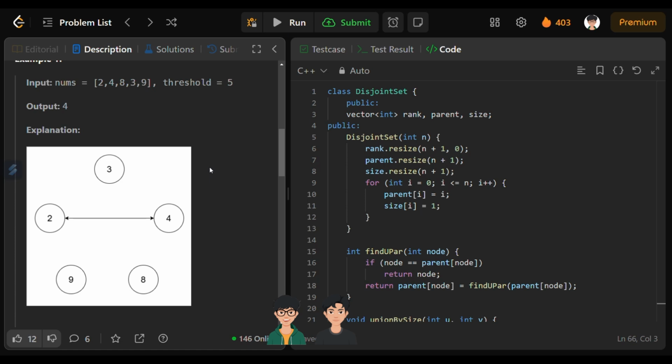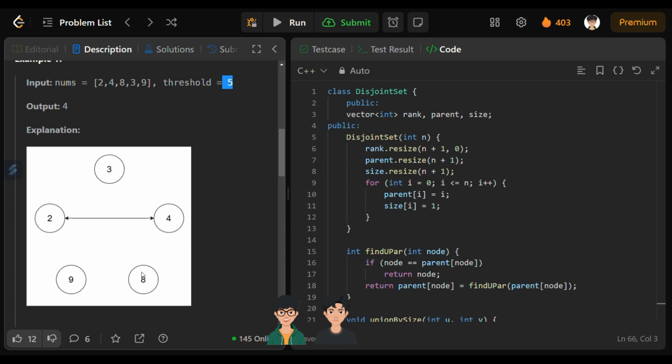Let's take the first example here, 2, 4, 8, 3, 9, and the threshold is 5. If we see in the explanation, there is an edge between 2 and 4, because the LCM of 2 and 4 is 4, and it is less than the threshold. The LCM of 2 and 8 is 8, which is not less than or equal to threshold, therefore there is not an edge.